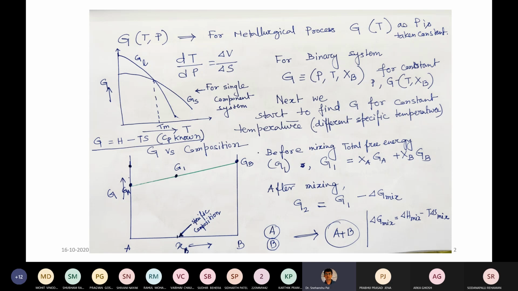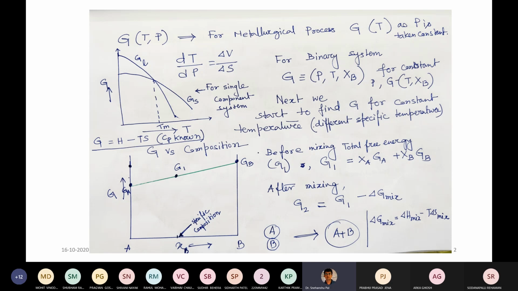Del G mix will be del H mix minus T del S mix. Now we have to find out what del S mix and del H mix are, and how they are related to the free energy of mixing.